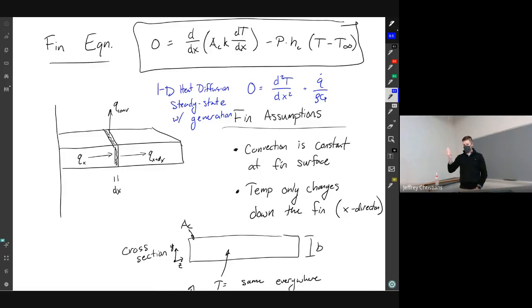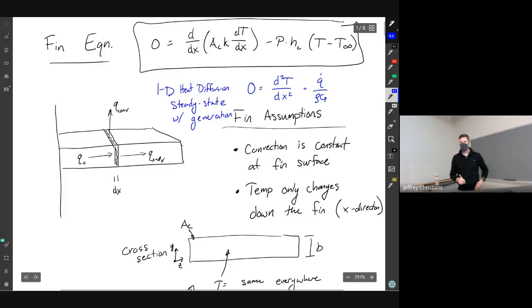We have a second order differential in temperature, and then something that has a q dot. The difference is that the thing that has a q dot, now this part, has a temperature in it too, which is going to change how we have to actually solve it. But it's the same kind of idea.